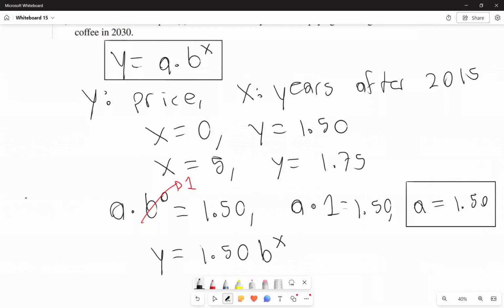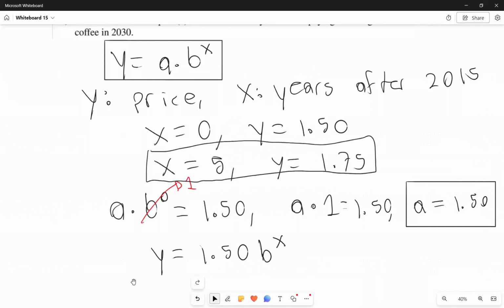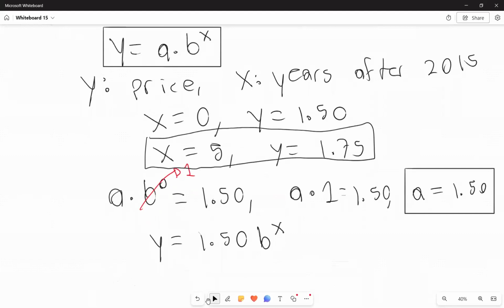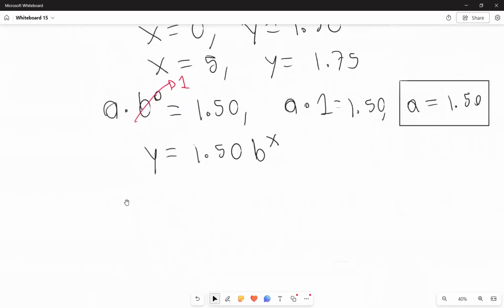So we are going to use the other piece of information that they gave us. So this one, we're going to use that to find the value of b. That means 1.50 times b to the fifth power is 1.75.